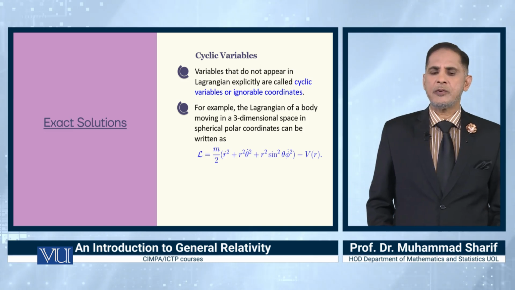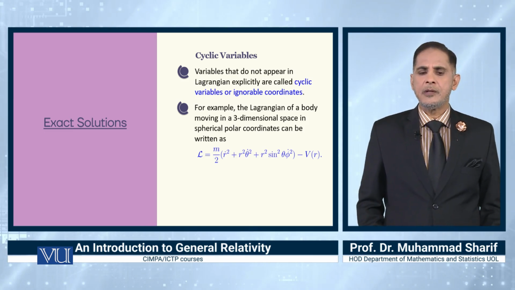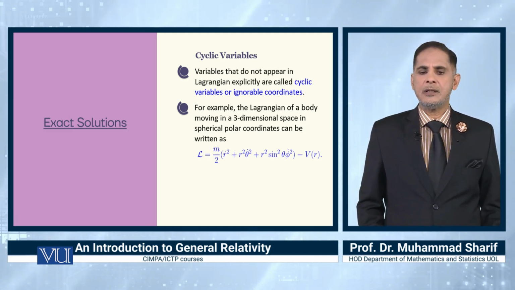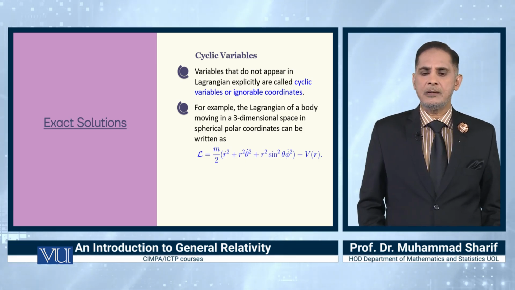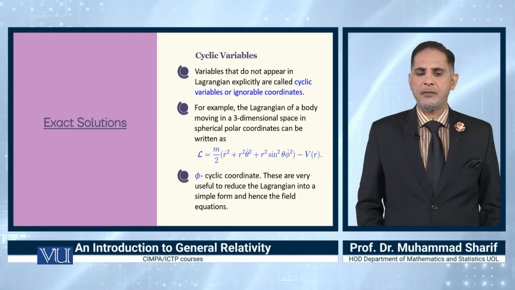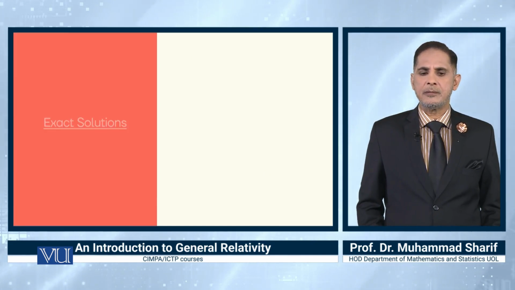Here obviously the first part is the kinetic energy, while the second part is the potential energy. You can see that in this system we have r, theta, phi, 3 coordinates, but we cannot see phi in this Lagrangian. That means phi is the cyclic coordinate. These are very useful to reduce the Lagrangian into a simpler form and hence the field equations.